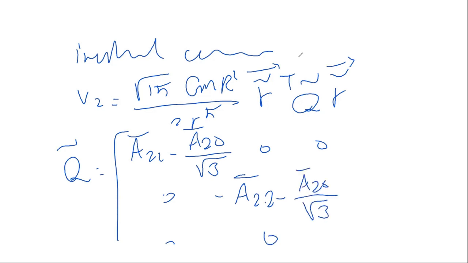As you see, this tensor of inertia here is diagonal, unlike this one. So this is the diagonal form in the inertial coordinate system, which is defined based on the mass distribution of the Earth.